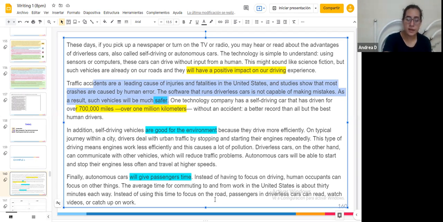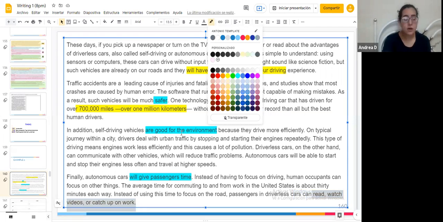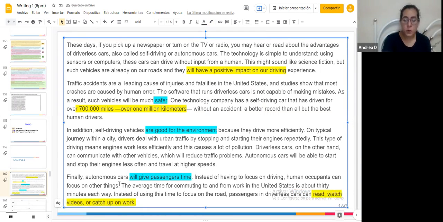I would say maybe this one here about reading, watching videos, catching up on work, because that's specific as well, isn't it? When the author just says, so human occupants can focus on other things, that's enough. Now, when he gets specific, he says what activities we can do instead of driving, like reading, watching TV, or watching videos, sorry, those are examples.